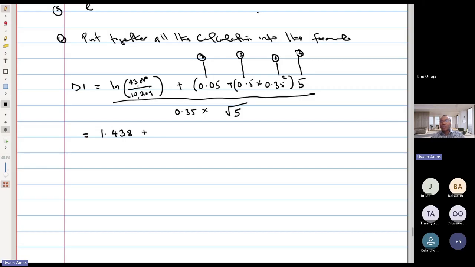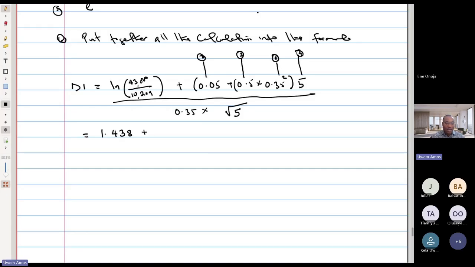So what do I have on that? Just a minute. Sorry, what's wrong with my calculator? Okay, so 0.35 squared is 0.1225. That's our first step. Multiply that by 0.5, I have 0.06125. Plus 0.05, I have 0.11125.